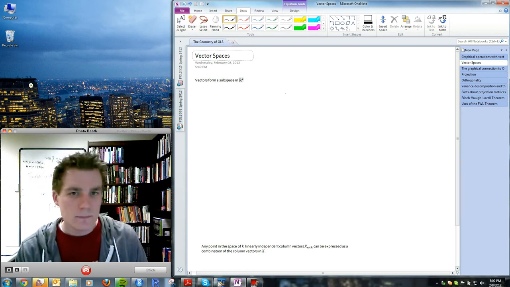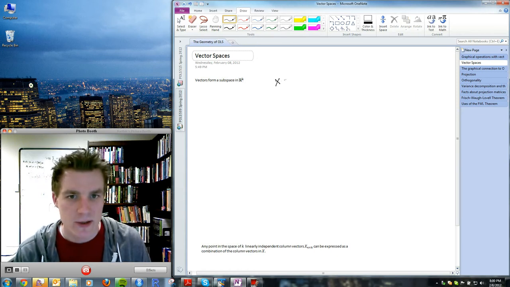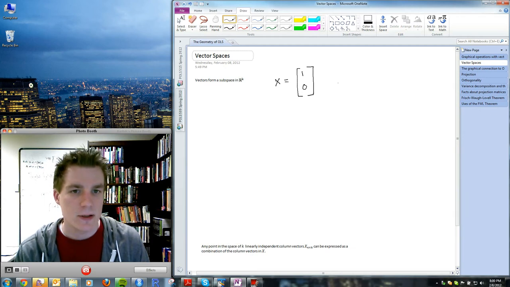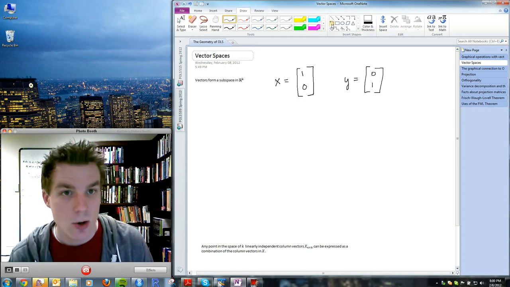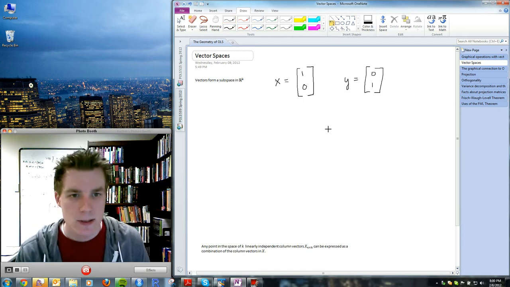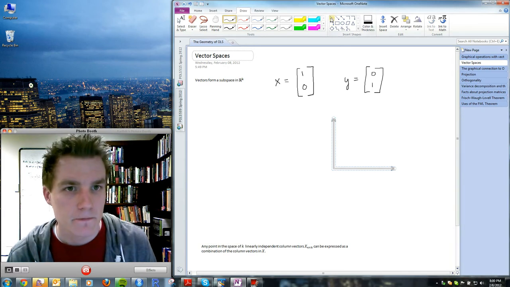So suppose I have two vectors. I'm going to call this vector x, and it's equal to 1, 0. And I've got a second vector, we'll call it y, and this vector is equal to 0, 1. This pair of vectors forms a subspace in R2, because there are two vectors, and this is what it would look like.